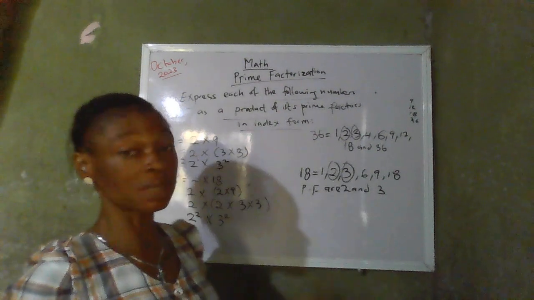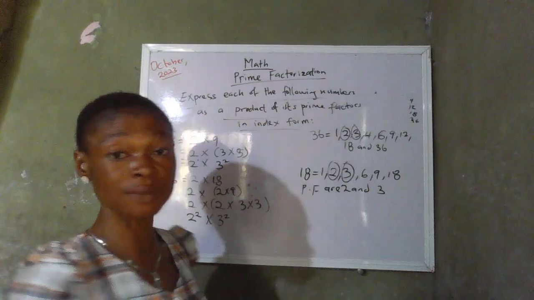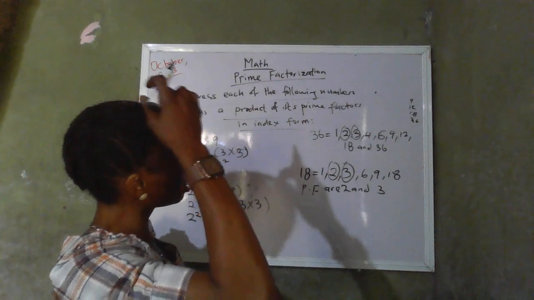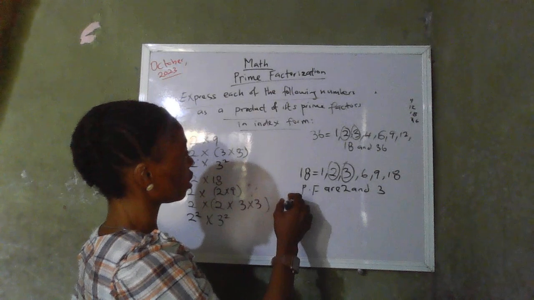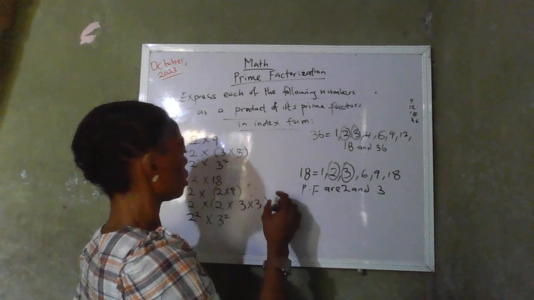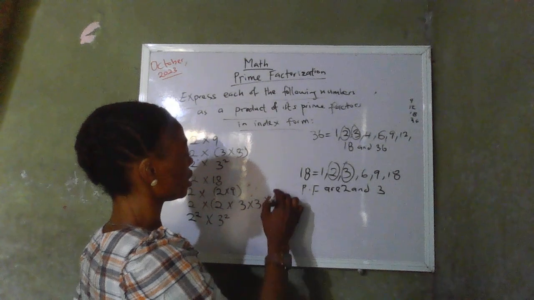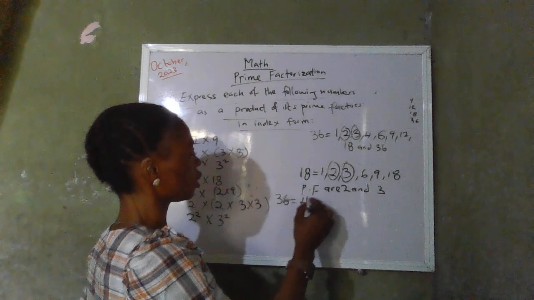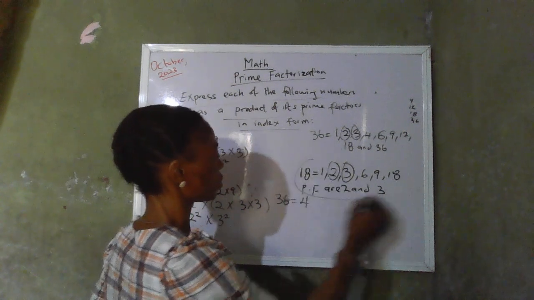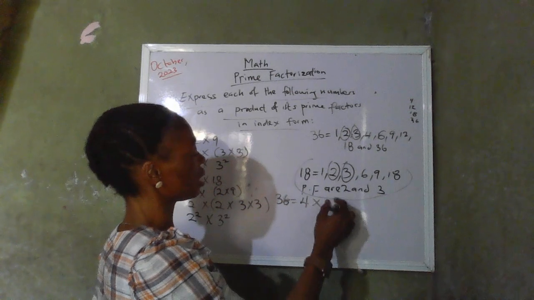Now let's pick another 2 factors from 36. We'll still arrive at the same answer. Let's pick, let's say, 4 multiplied by 9.